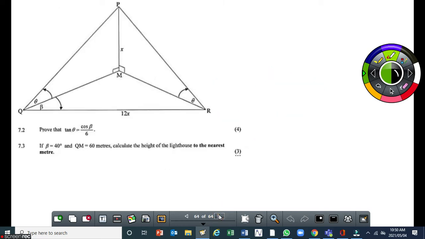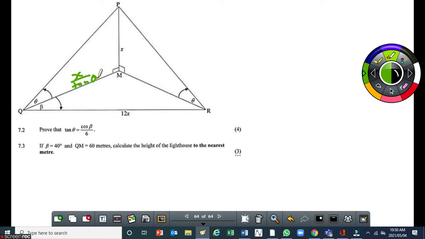Alright? So, if I want to prove that tan theta is cos beta over 6, it means I'm going to need to use triangle QMR for me to be able to do that. So for me to carry on, I now know that QM is equal to x over tan theta.